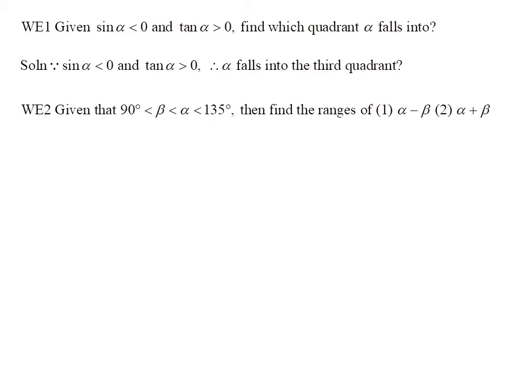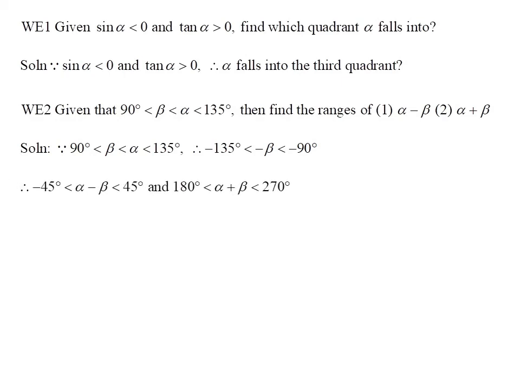Based on the given range of angles alpha and beta, example 2 asks the range of alpha minus beta and alpha plus beta. Since beta is greater than 90 degrees but less than alpha, which is less than 135 degrees, negative beta is greater than negative 135 degrees but less than negative 90 degrees.